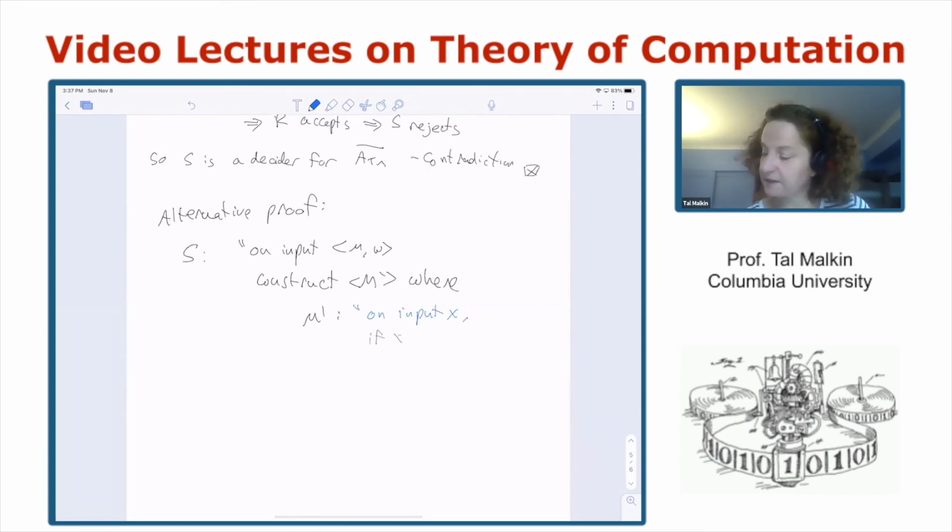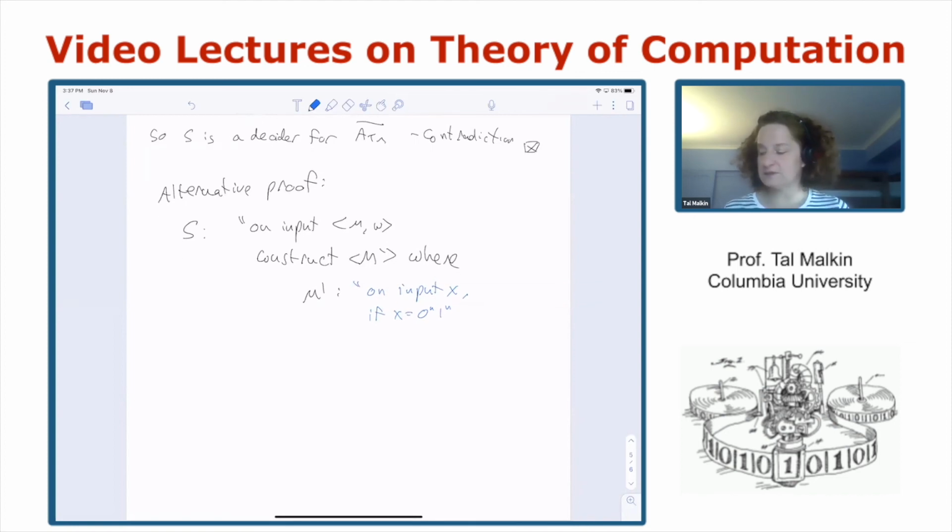So if X is of the form, obviously we could have taken any language that we know is not regular, but let's assume this is the language that I want. If X is of the form 0^n 1^n, then run M on W and output the same. Meaning if M accepts, you accept. If M rejects, you reject. If not, you loop forever. And else, if X is of a different form, I reject.